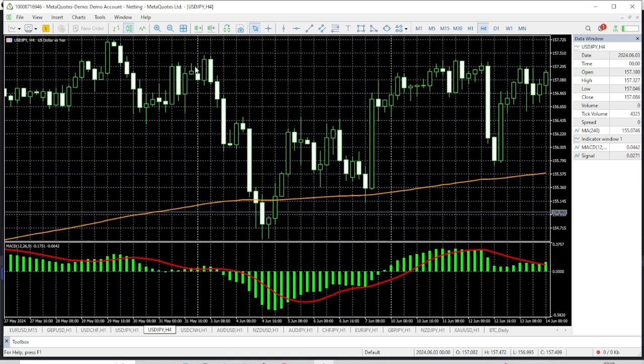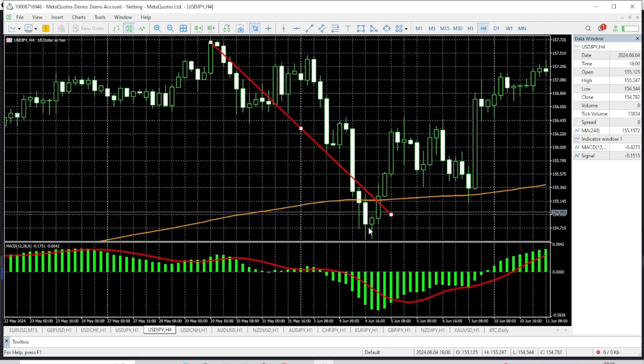So in this case, we see the market coming down, and it crosses below the exponential moving average 240. But fortunately or unfortunately, only one candlestick formed completely below the moving average.